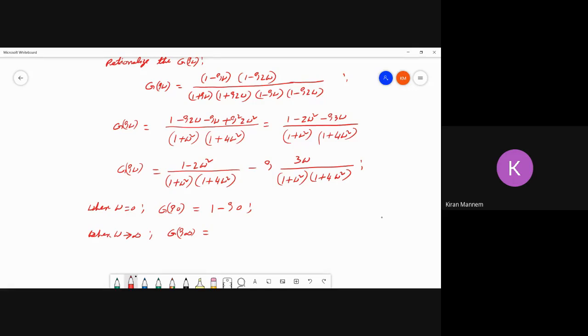Can anyone tell the answer? The last point.